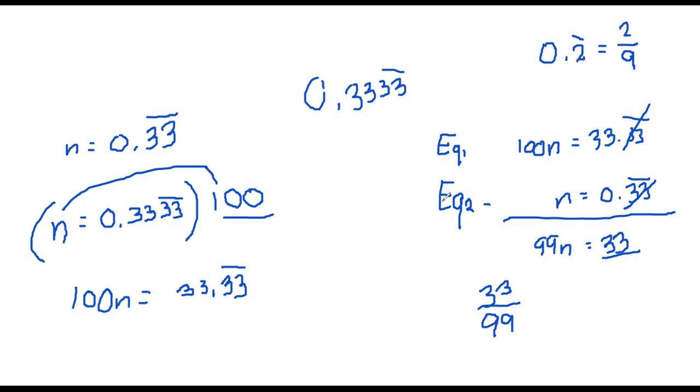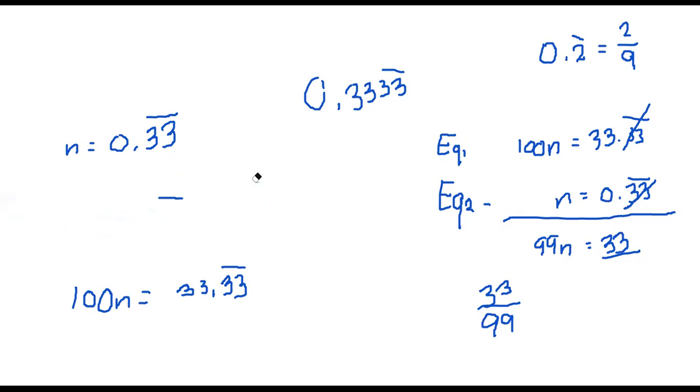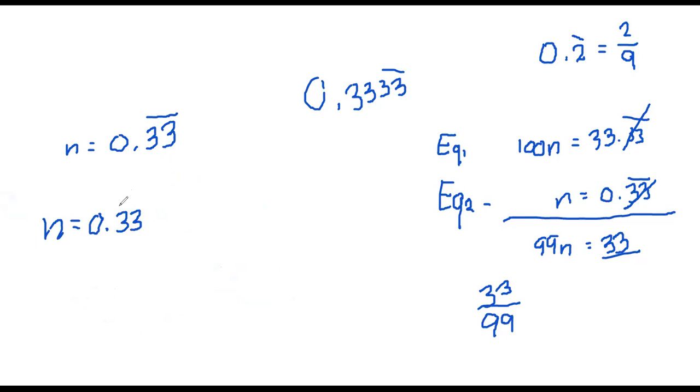Okay? 33 over 99. In shortcut, no need to compute naman. So, maganda pa naman mag-compute to verify. Pero, wag na natin pahirapan sarili natin. In shortcut, kapag may bar, for example, nakita kayong n is equals to 0.33 with a bar, diba?